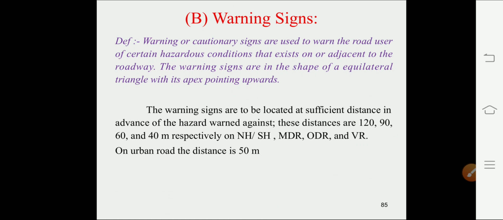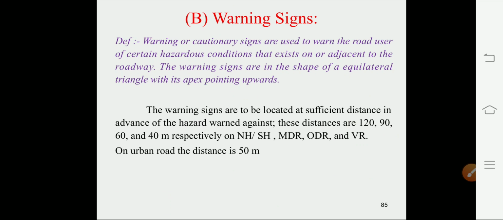Next are warning signs. Warning or cautionary signs are used to warn the road users of certain hazardous conditions that exist on or adjacent to the roadway. The warning signs are in the shape of an equilateral triangle with its apex pointing upward.